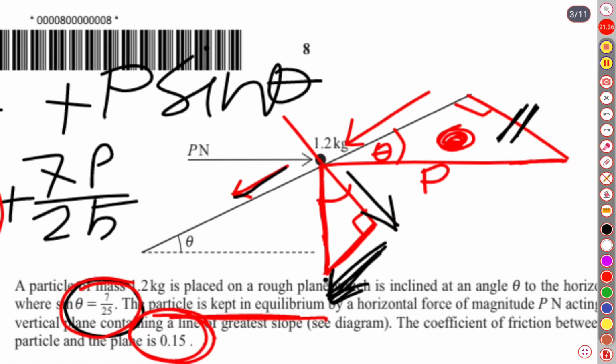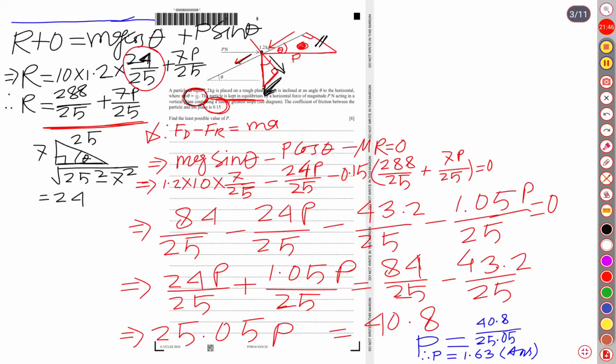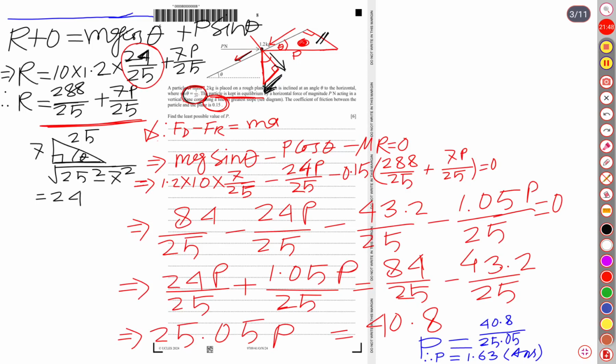That means it is pressing the particle downward. That's why there is no upward force acting on the particle. All the forces are pressing it downward. The weight as well as P is pressing downward, so the sum of the downward forces is the normal reaction force.